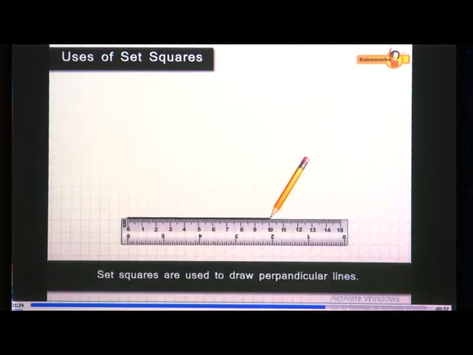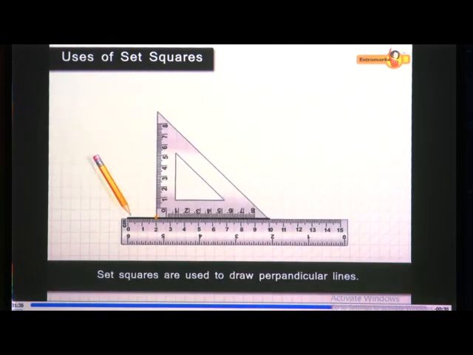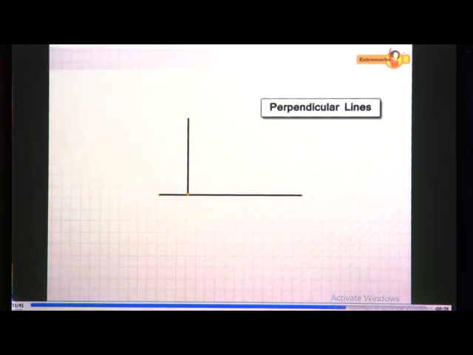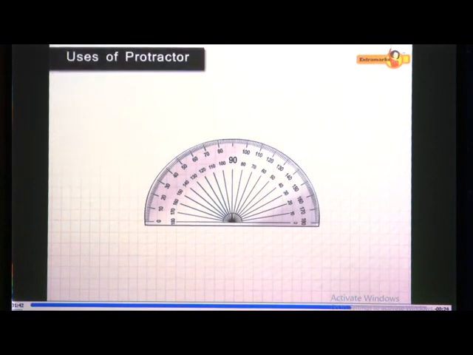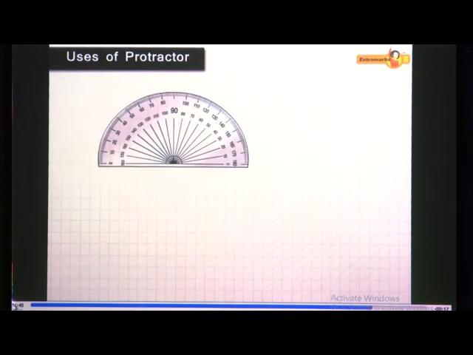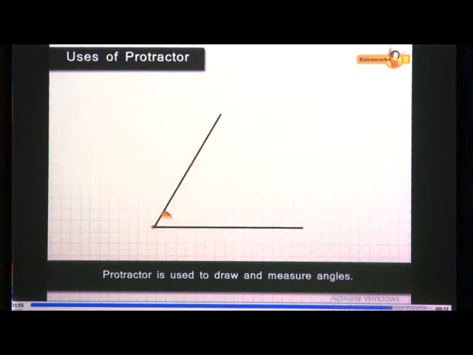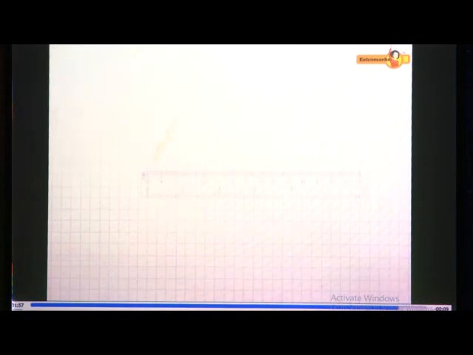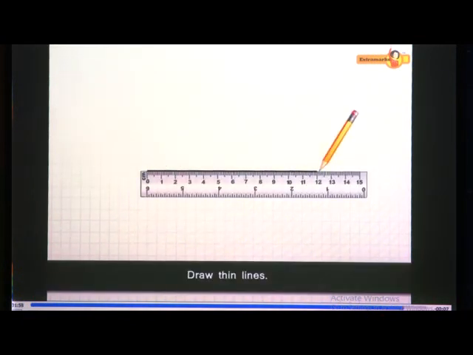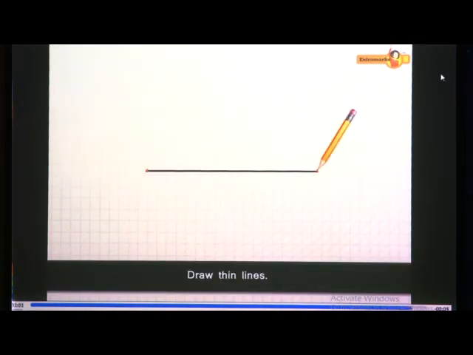It is used to draw perpendicular lines. Next is the protractor. It is a semicircular device graduated into 180-degree parts which is used to draw and measure angles. While doing constructions, one should remember to draw thin lines and mark points lightly.